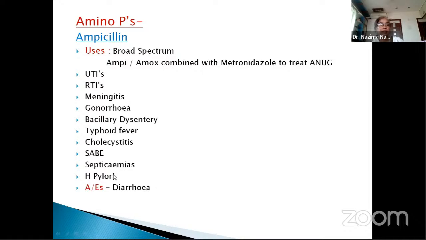So as you can see, multiple uses are there for this drug, but we are not preferring this drug nowadays because of the resistance and because better drugs are available. So only where the organisms are sensitive, in such cases, ampicillin is preferred. Adverse effects, it causes diarrhea, which is a very common side effect related to ampicillin.